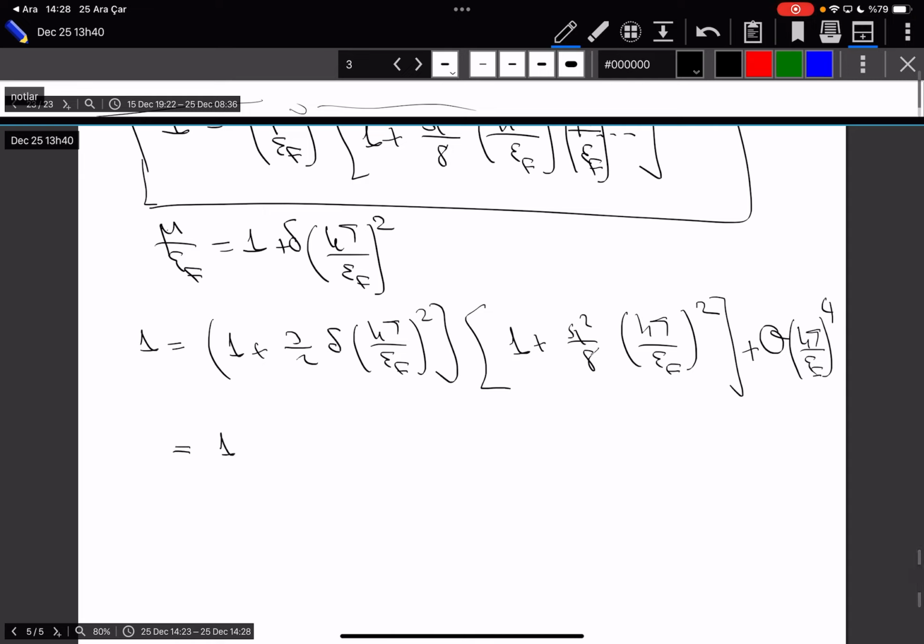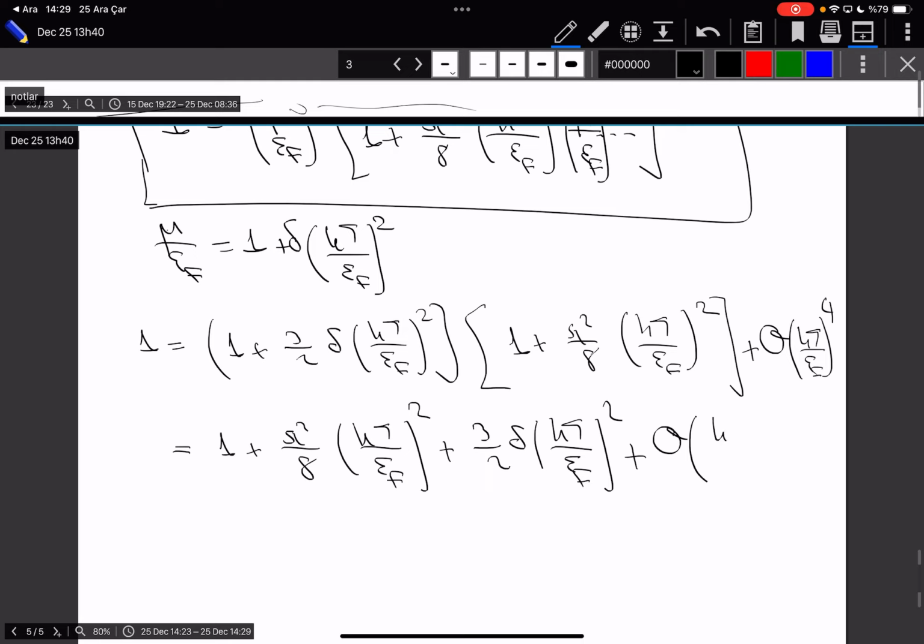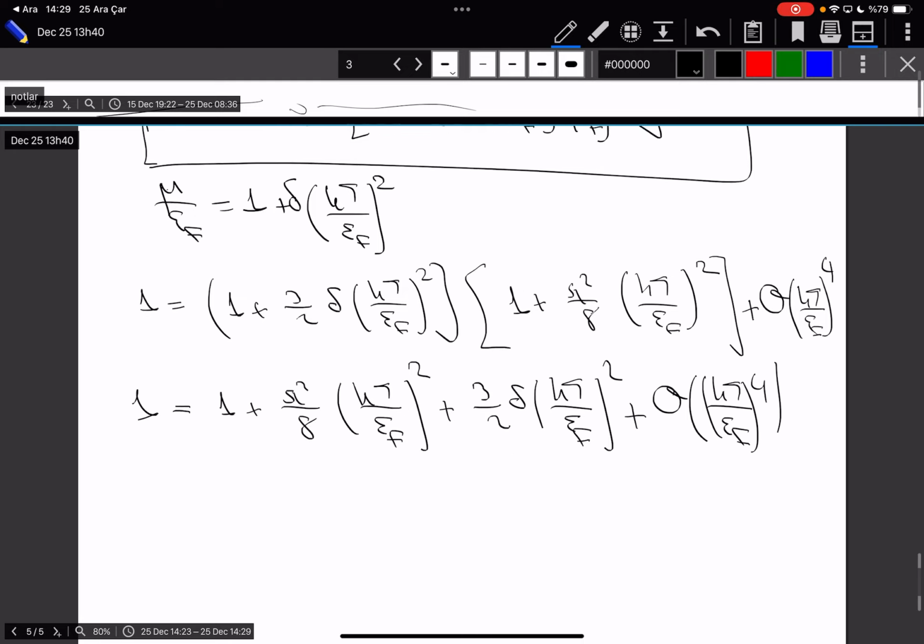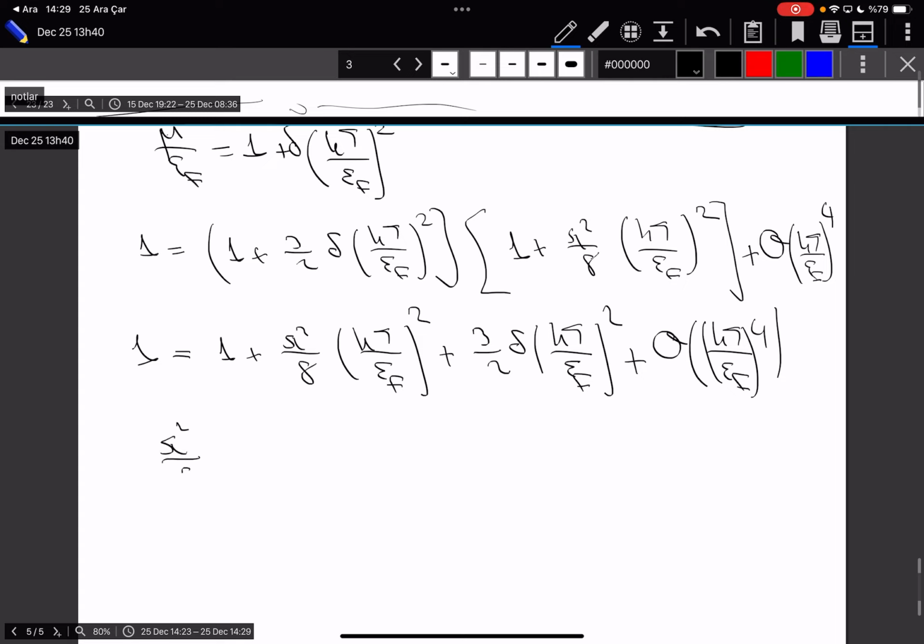This is 1 plus pi squared over 8 kT over epsilon Fermi squared plus 3/2 delta kT over epsilon Fermi squared plus terms of the order of kT over epsilon Fermi to the 4, which tells me that pi squared over 8 plus 3/2 delta should be 0, or delta is equal to minus pi squared over 12.